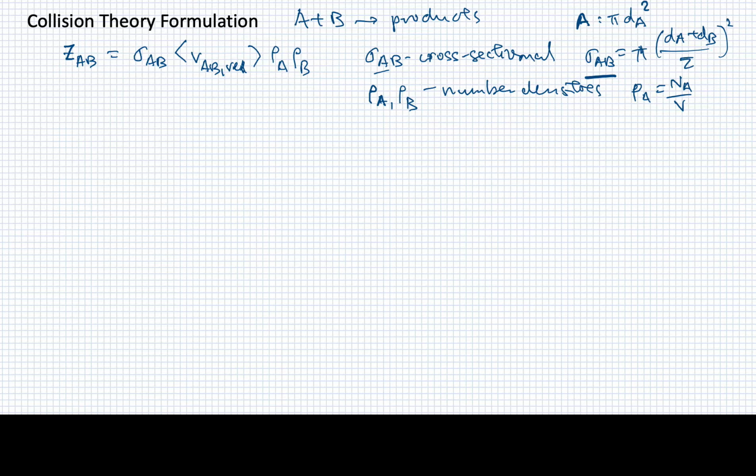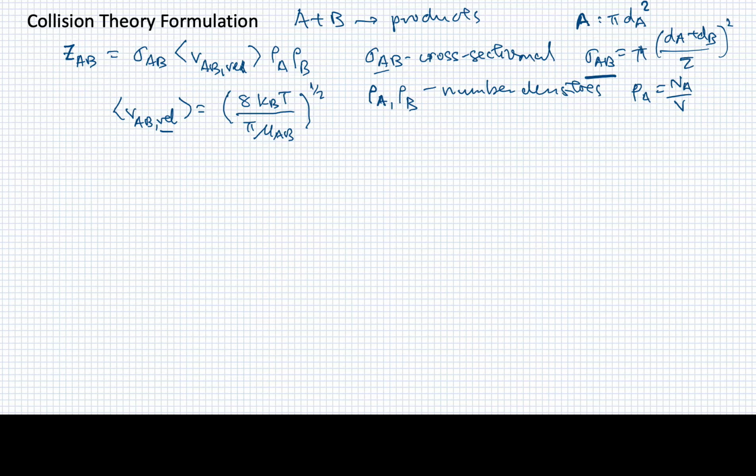Now, the last one, and it's one I'm going to set over here, this relative velocity between A and B, is something that we could write using the average velocity for molecules in the gas phase. So this is what the expression looks like. It looks an awful lot like the average velocity expression. The one difference, though, is instead of the mass of a particle, we're going to use the reduced mass. And it turns out that this accounts for the relative part of these velocities. And this is, of course, the square root.